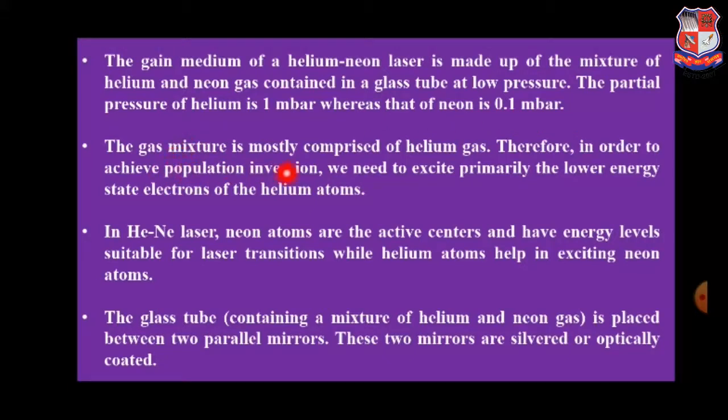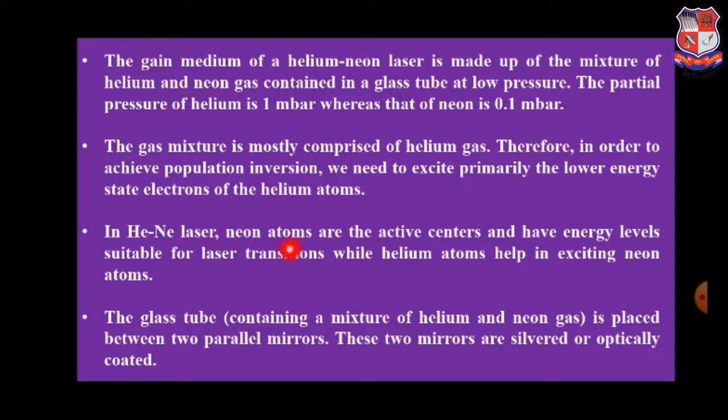The gas mixture is mostly comprised of helium gas, so a large amount of helium is utilized in comparison to neon. Therefore, in order to achieve population inversion, we need to excite primarily the lower energy state electrons of the helium atoms, and they should travel to the higher energy state of neon gas. So the DC power supply has the duty to lift these electrons from lower energy states to higher energy states.